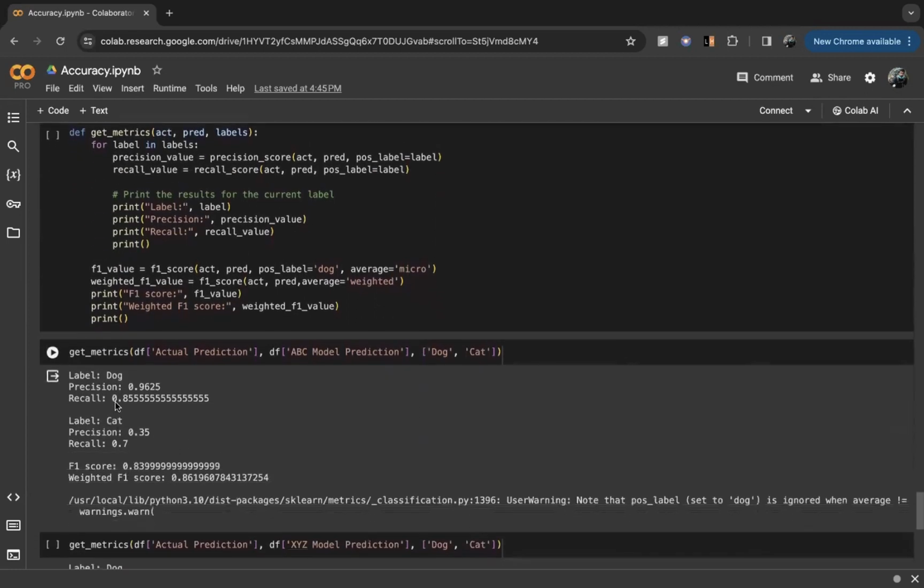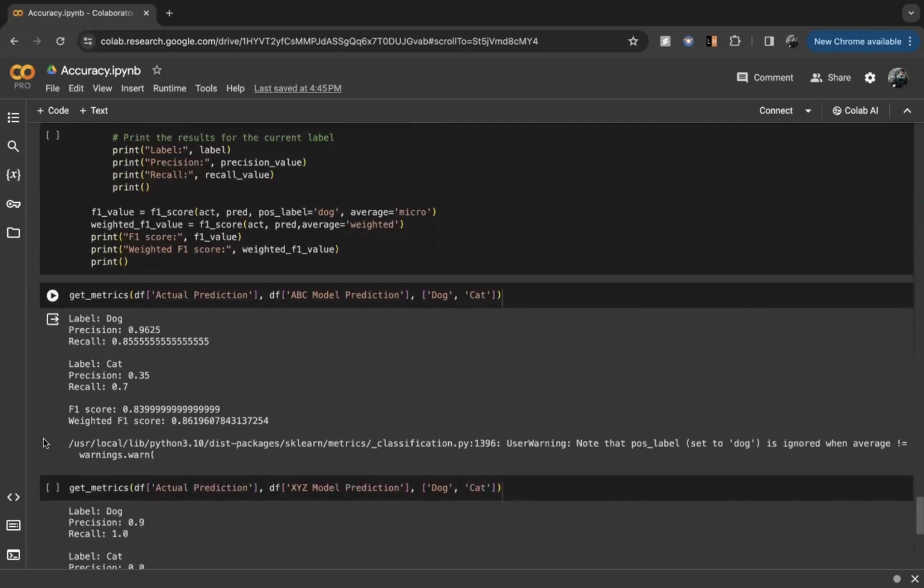These are the precision and recall values for model ABC. If you see here, it gives us an idea of how good the precision and recall is for dog and for cat. A good value for precision is 1. Precision and recall range between 0 and 1, where 1 means it did a perfect job, and 0 means it didn't work correctly.